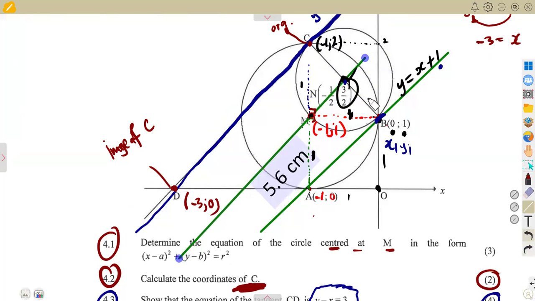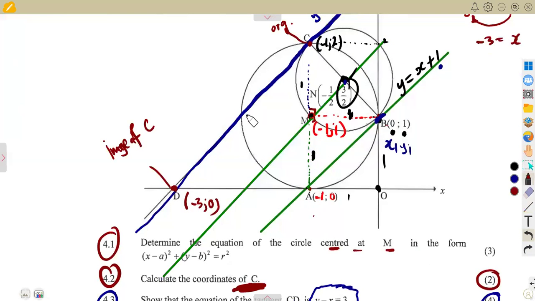The line from the point N, which is our center, to the image point, if we consider, they are going to maintain some properties there, which are common. Which properties are those?